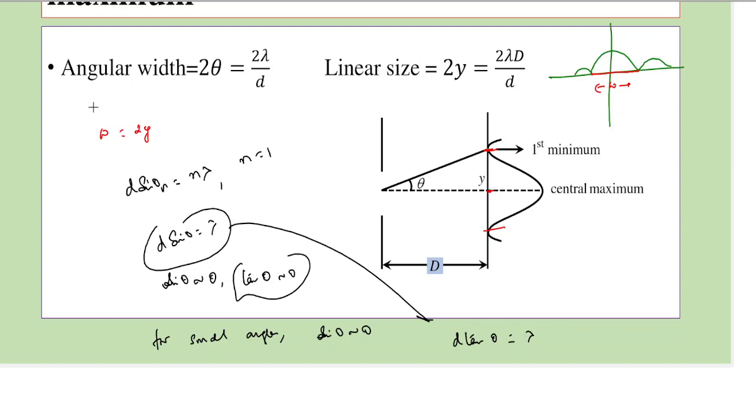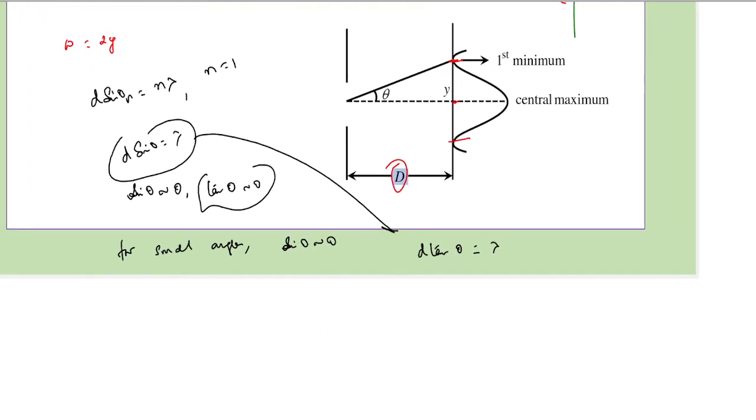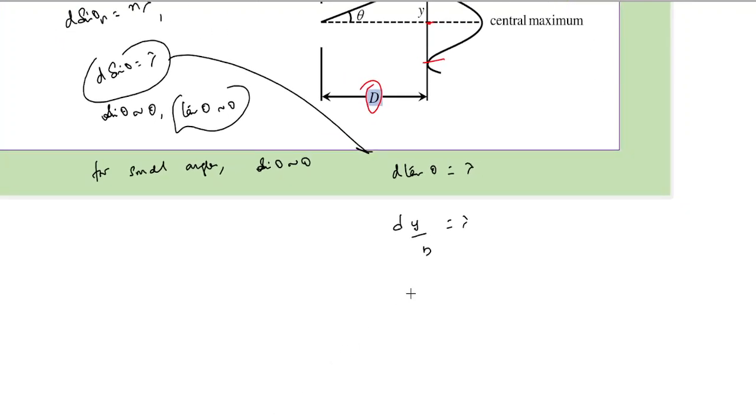Let capital D be the distance between the slit and the screen. So tan theta from this triangle would be y by capital D. Or y from here would be lambda capital D by small d.